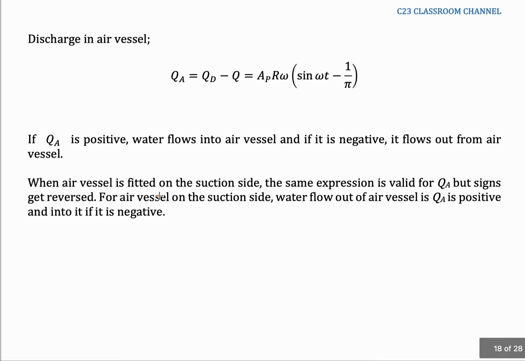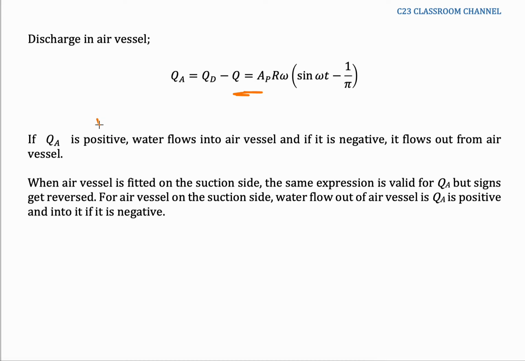The discharge in the air vessel can be calculated with this equation: Q_A equals Q_D minus Q, equals A_P, the cross-sectional area of the piston, R omega sine omega t minus 1 over pi. If Q_A is positive, water flows into the air vessel, and if it is negative, it flows out of the air vessel.